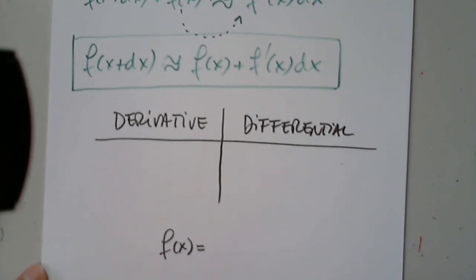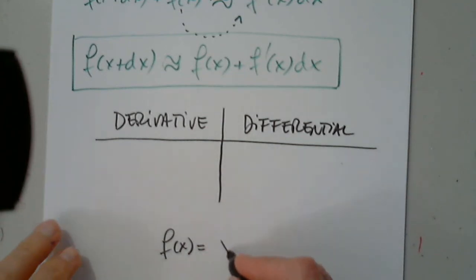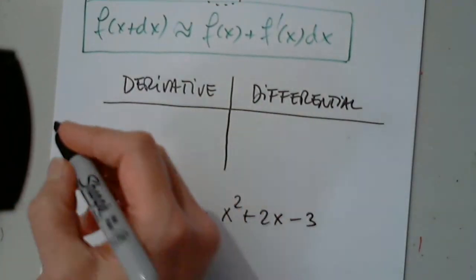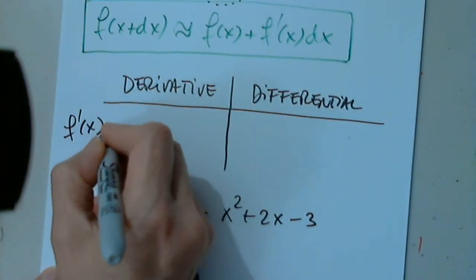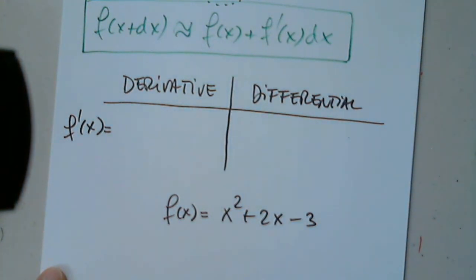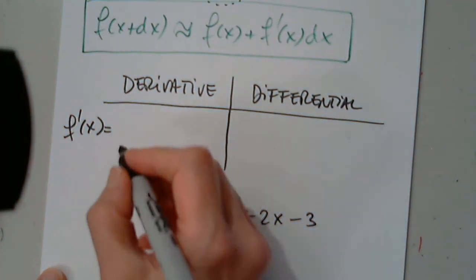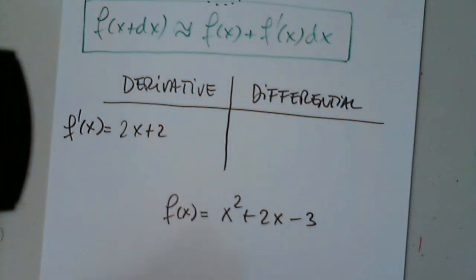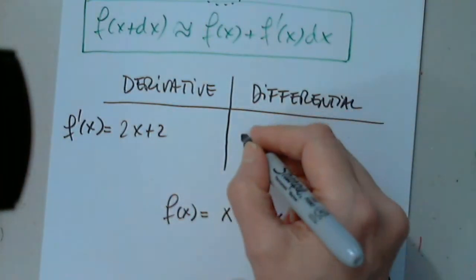Make up a function. Any function you want. X squared plus 2x minus 3. Perfect. What will be the derivative of this function? Can anyone give? 2x plus 2. Excellent. What will be the differential of this function?